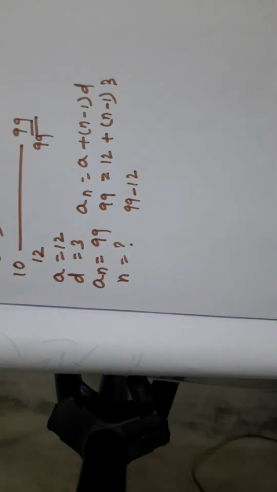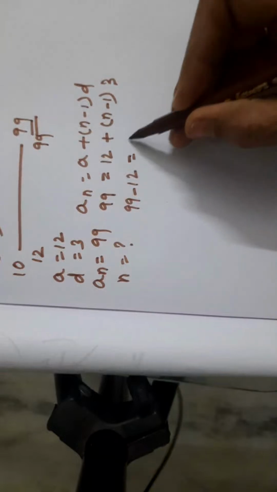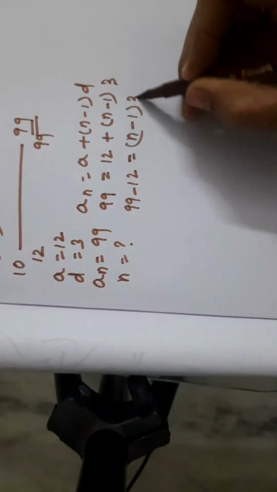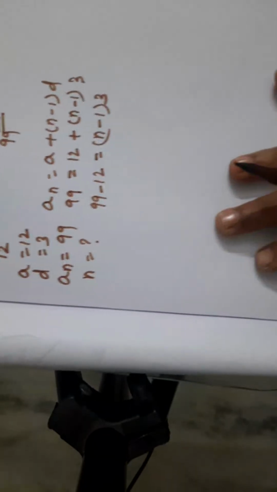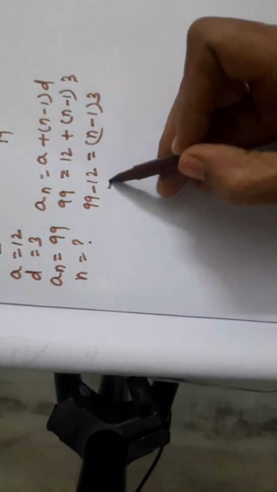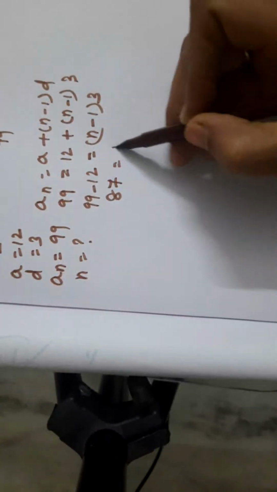Then write the numbers as it is towards 99. Now subtract them. 99 minus 12 is 87.